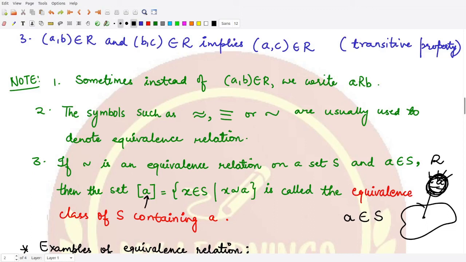So for this particular set there would be many such equivalence classes. For different elements we would have different equivalence classes, and each one would contain the elements which are related to them, right? So this is what we have about equivalence relations and equivalence classes. We'll be studying more about it in the next video.